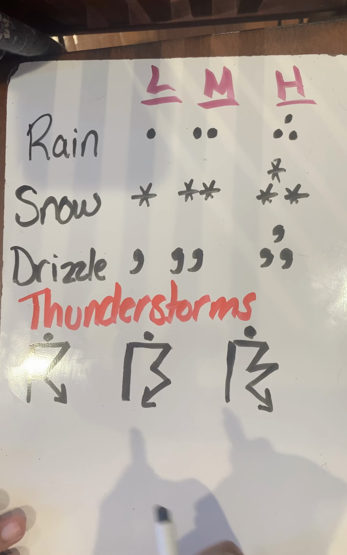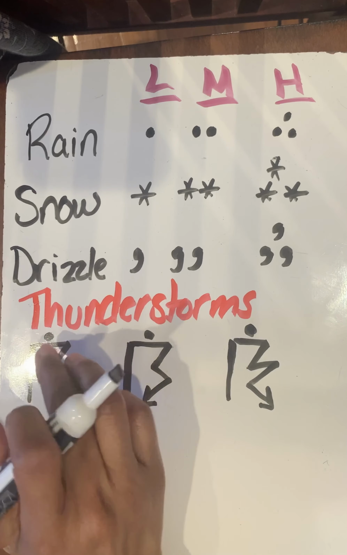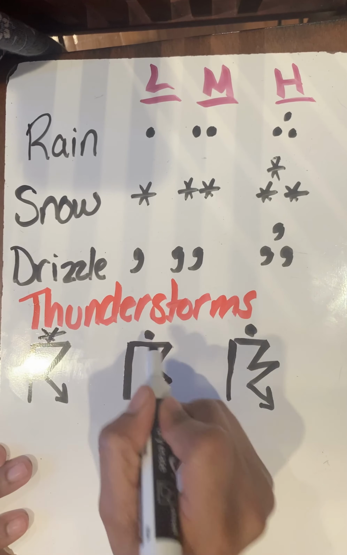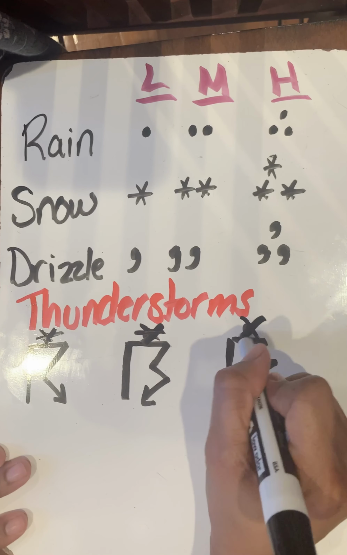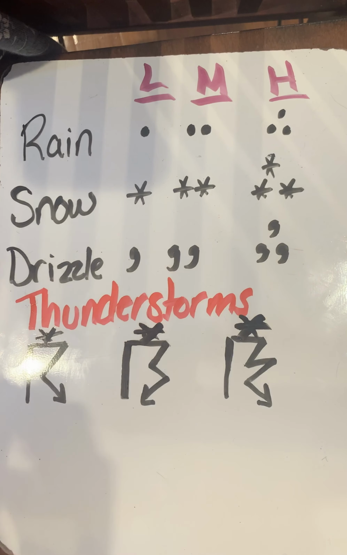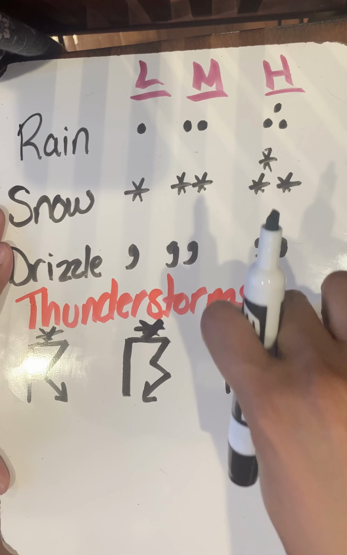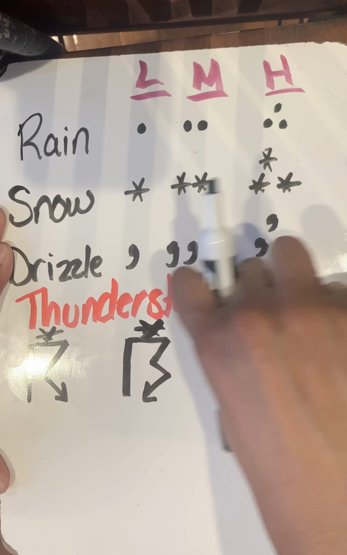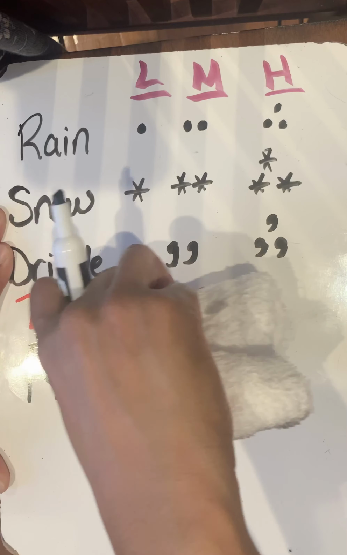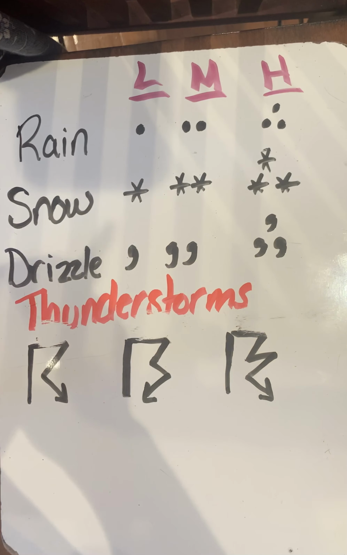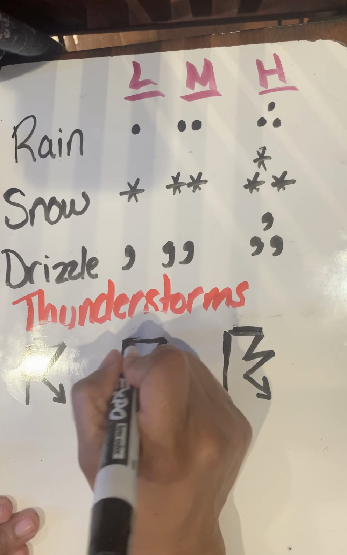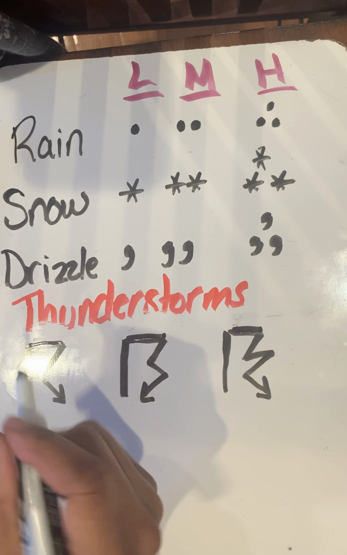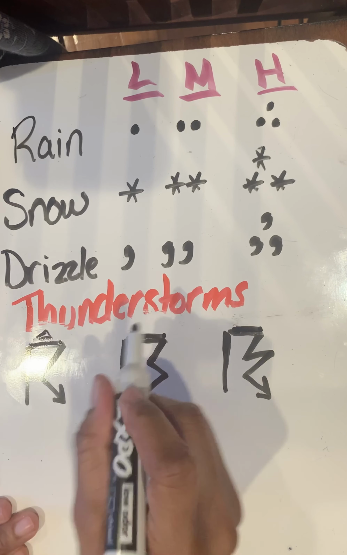And the same if it was snow, you just change the symbol on top. And since we were discussing hail the other day, if it's hail, the symbol on top is a small triangle.